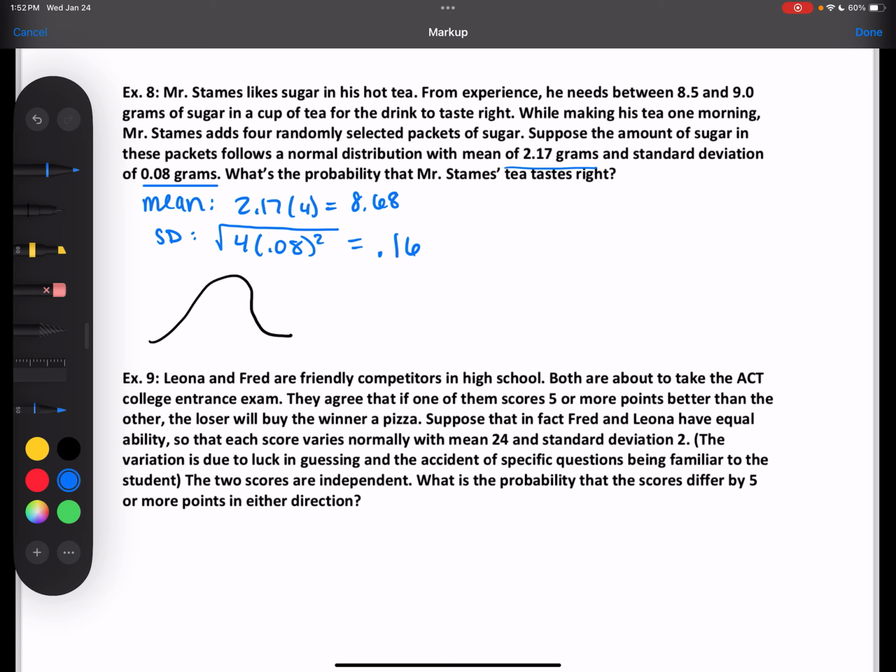Alright, so visually, the mean is 8.68. He says that he wants between 8.5 and 9.0. So he wants this area in here for it to be right.